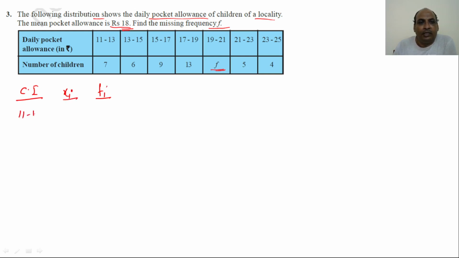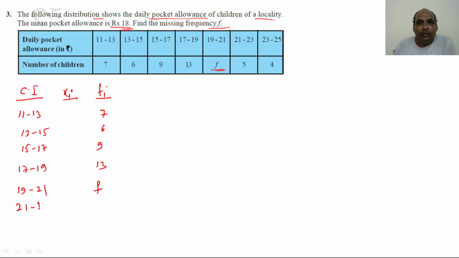So 11 to 13 frequency is 7, 13 to 15 frequency is 6, 15 to 17 frequency is 9, 17 to 19 frequency is 13, 19 to 21 frequency is F, 21 to 23 frequency is 5, and 23 to 25 frequency is 4.